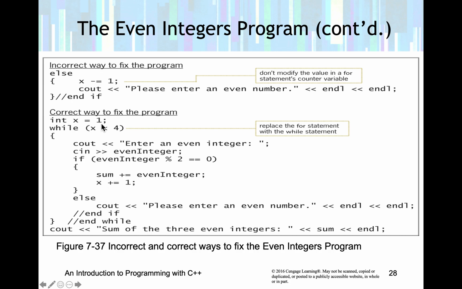So this here will now actually iterate many times. Like if I enter 4 odd numbers and 3 even, it iterates 7 times. So it iterates until I get exactly 3 even numbers, even if they enter 10 incorrect numbers.